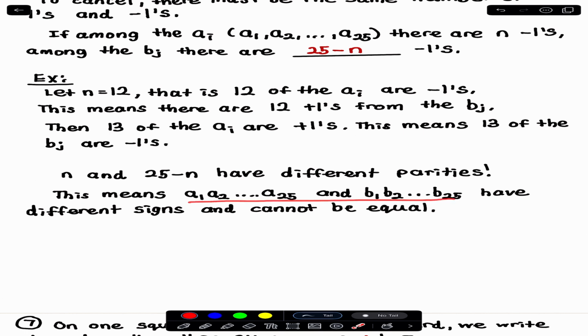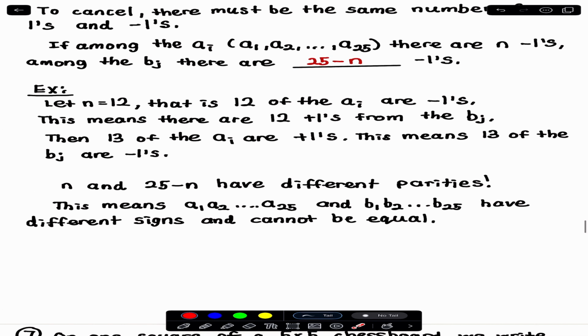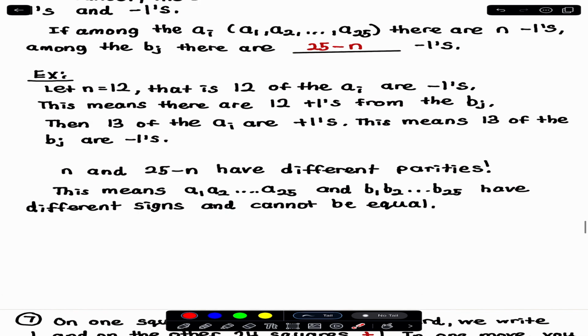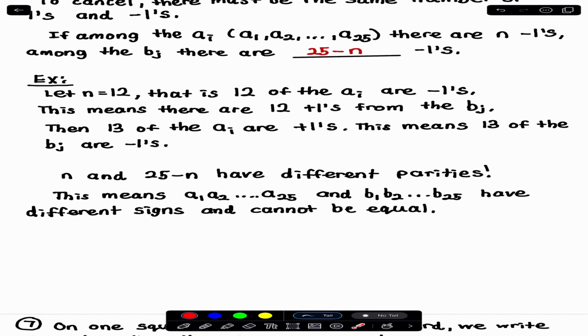And if this is confusing, always go back to the example above that I did right here with n equals 12. If 12 of the Ai are negative ones, then 13 of them are positive ones. That means their whole product, all 25 of them, is going to be equal to positive 1, because 12 negative ones, when multiplied together, become a positive 1.